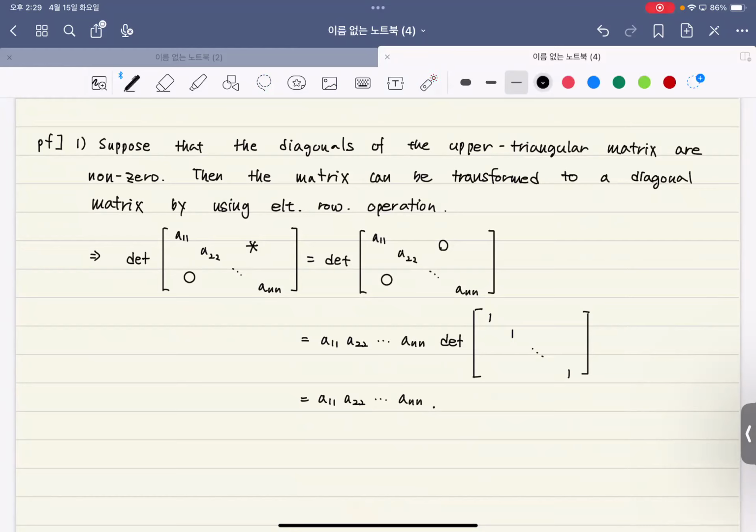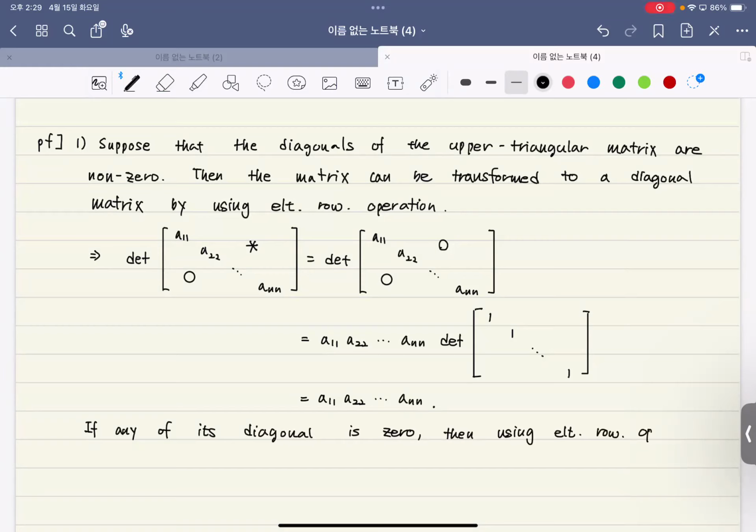In that case, if any of the diagonals is 0, then again, by using elementary row operations, we can turn the matrix into an echelon form.